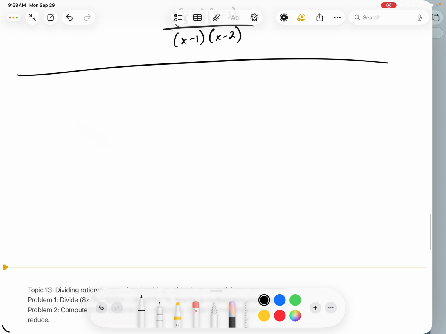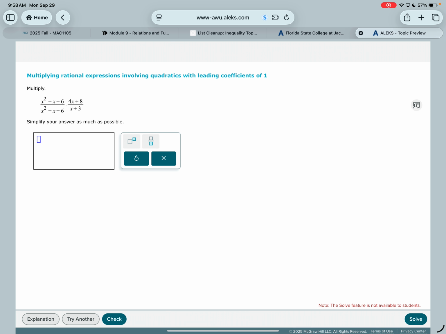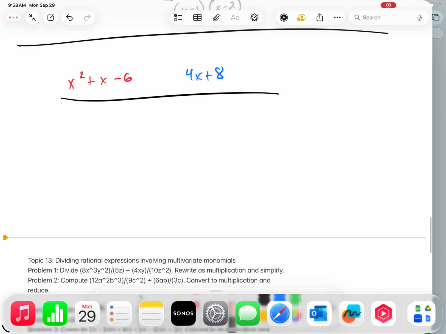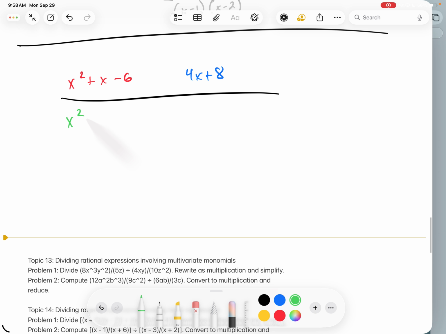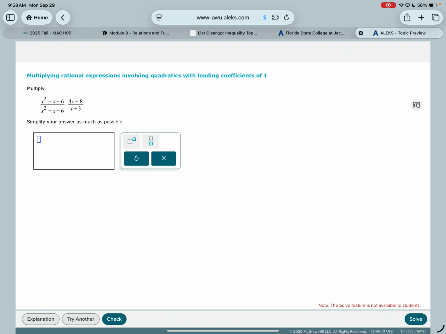X squared plus x minus 6. Although, let's make some colors here. 4x plus 8. X squared minus x minus 6. And x plus 3.